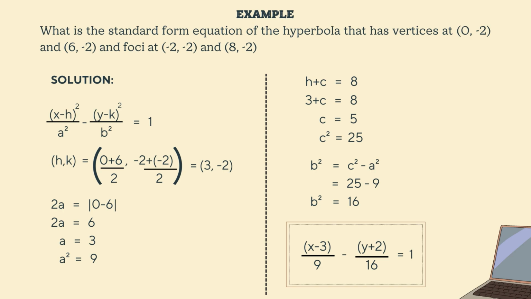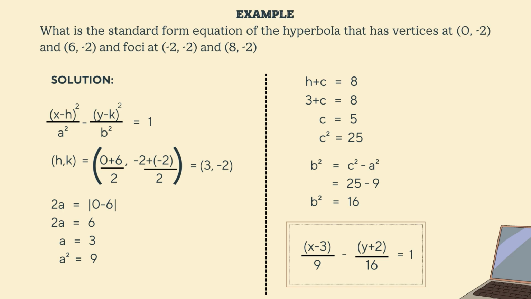Using the point (8, -2) and substituting h as 3, h + c is equal to 8, so 3 + c is equal to 8. Transpose 3, so 8 minus 3 is 5. So our c is equal to 5, and c² is equal to 25 since 5² is 25.